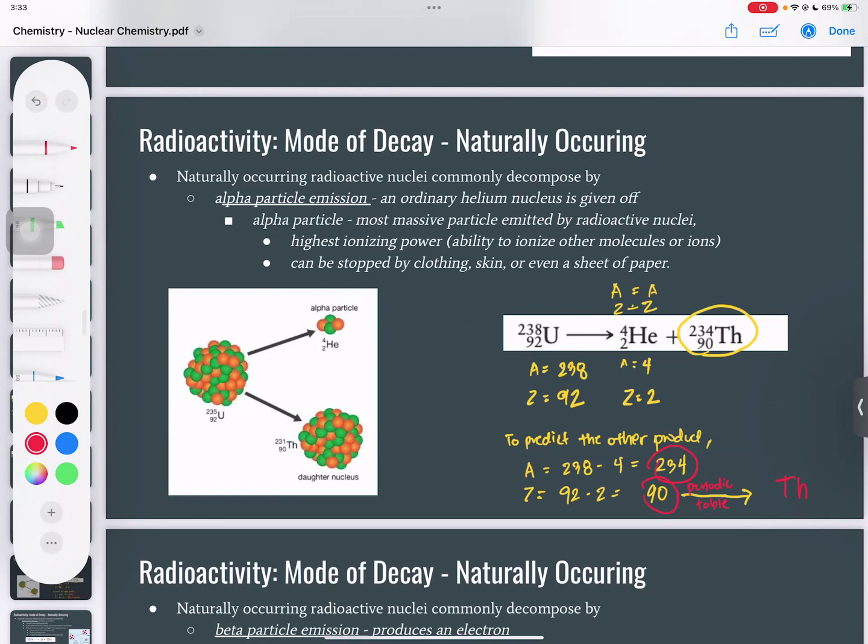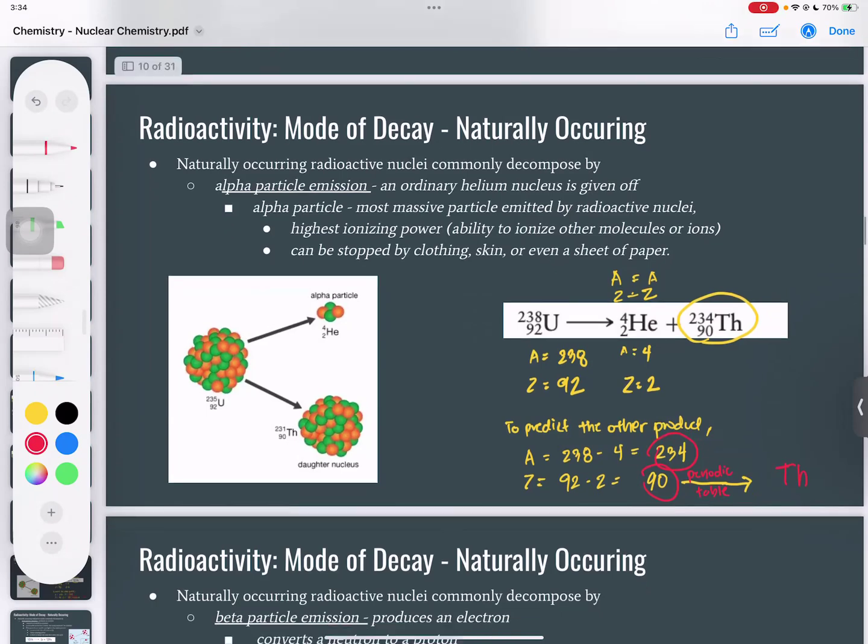But if we inhale, ingest, or are injected with these particles, it would be more dangerous because the cell membrane, or the outer covering of individual cells, is not capable of stopping alpha particles. So as long as you are protected by your skin or a piece of paper or your clothes, you are in less danger from alpha particle emission.